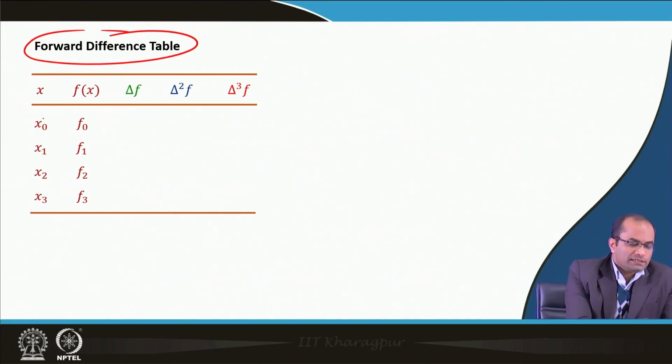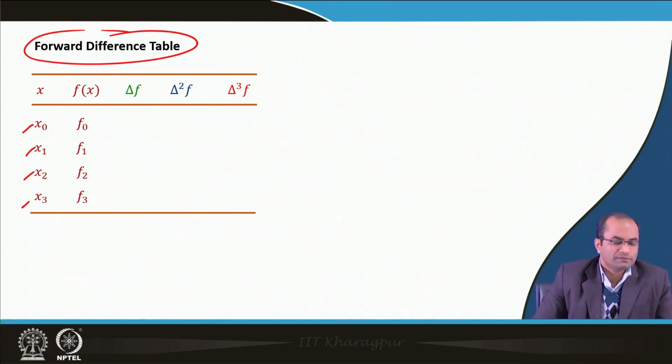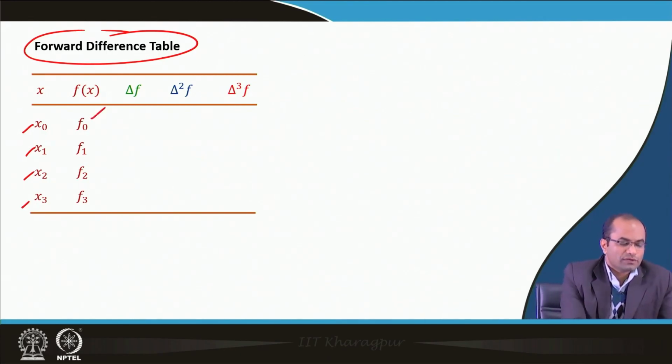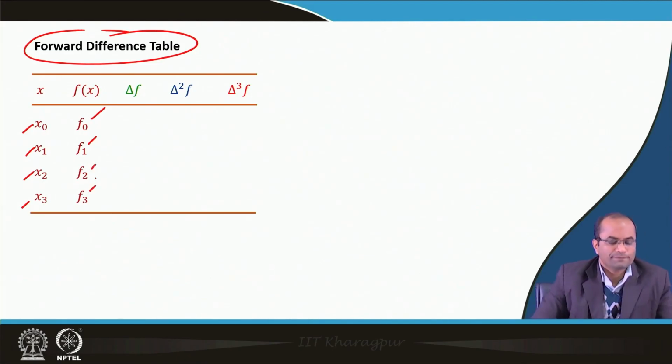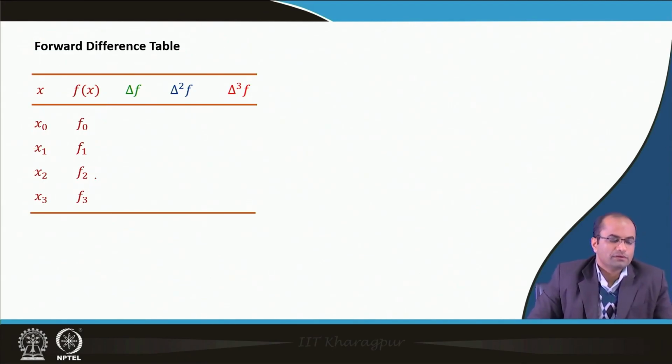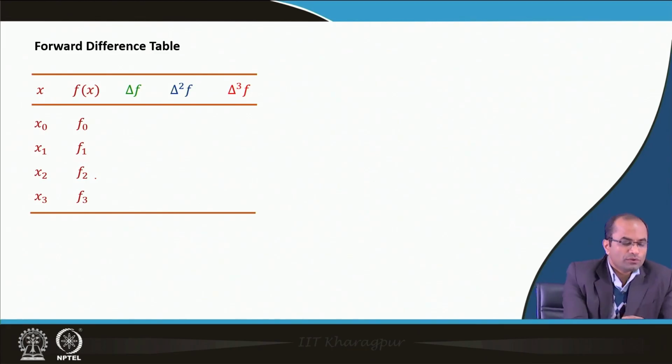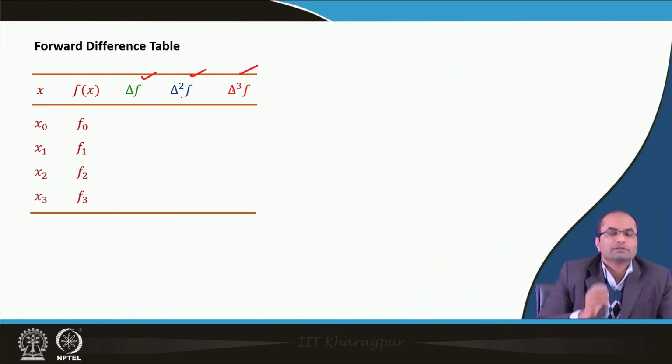For instance, as just an example, x_0, x_1, x_2 and x_3, the four data points are given, and the values of the function f_0, f_1, f_2 and f_3 are also given. Then we want to compute the forward differences of first, second and third order.